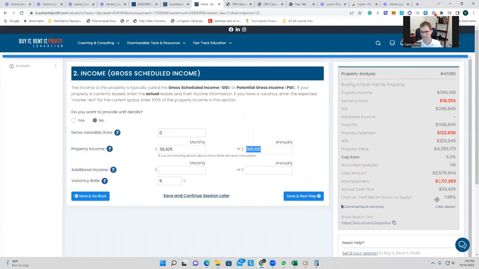And so you can see the cash on cash is 1.95. And we said that was 437,100. And let's see what happens when I save this.